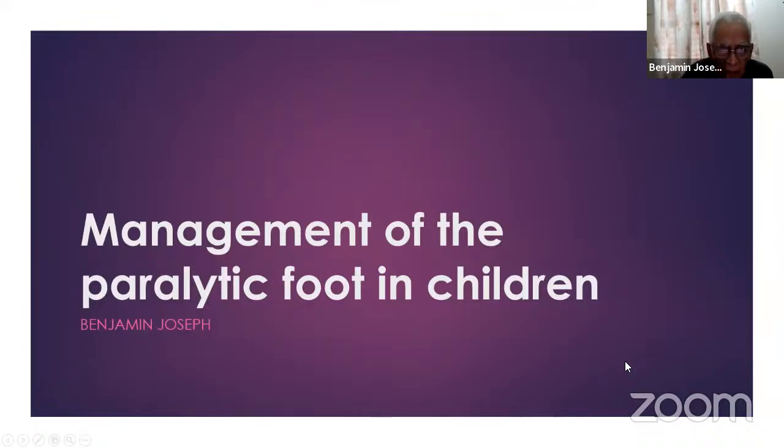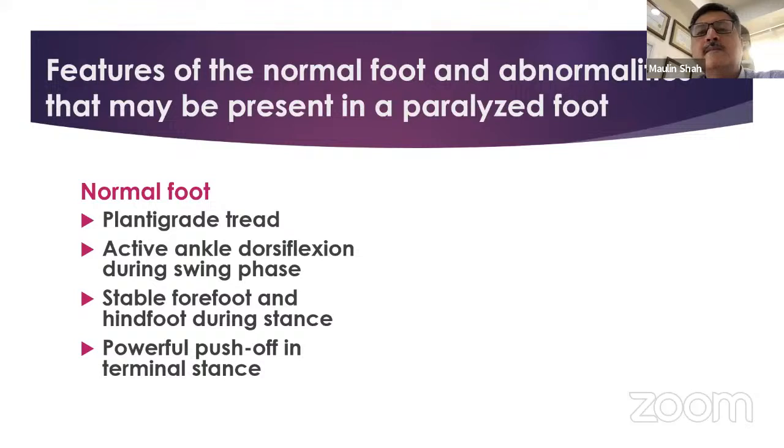Okay. So I'm going to talk briefly about management of the paralytic foot in children. If you look at the features of a normal foot, you'll be able to understand what problems might occur in a paralyzed foot. A normal foot enables a plantigrade tread. By plantigrade, I mean the forefoot and the hind foot rest on the ground in the normal way.